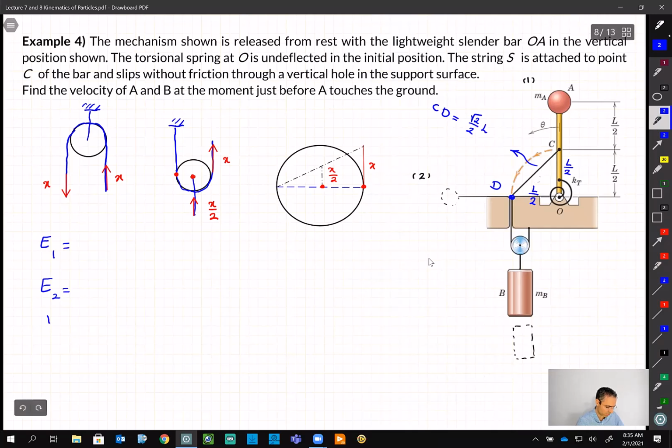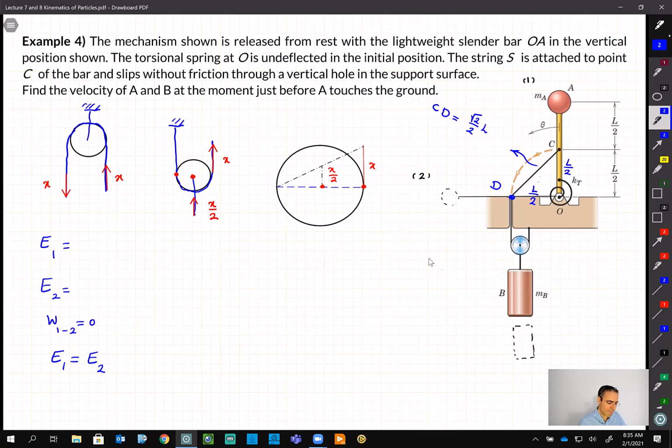Work is 0 because I don't have any external load, no forces here. The system is on its own. We release it and it moves to position 2. So E1 has to be equal to E2, and based on that, I can solve my problem.